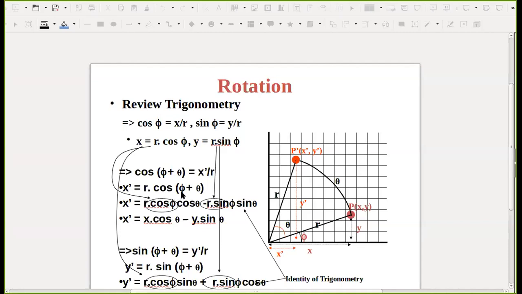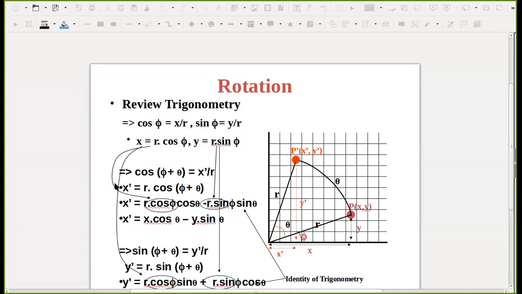So from next time, if I ask in rotation case, what will be the x dash and y dash, then you have to tell me this equation, x cos theta minus y sin theta. If you are telling about x dash, you have to use minus. For remembering, I am giving you this suggestion: assume that in x dash you use minus, and for y dash you use plus.